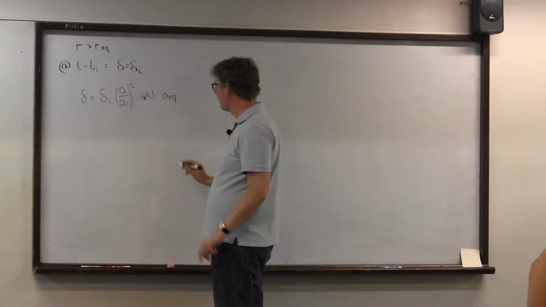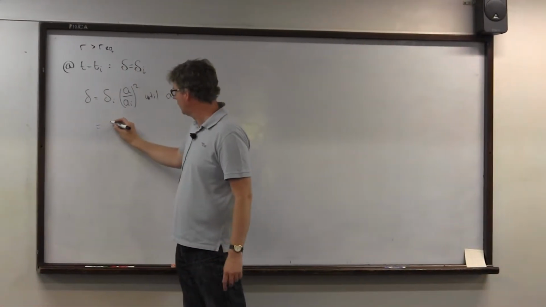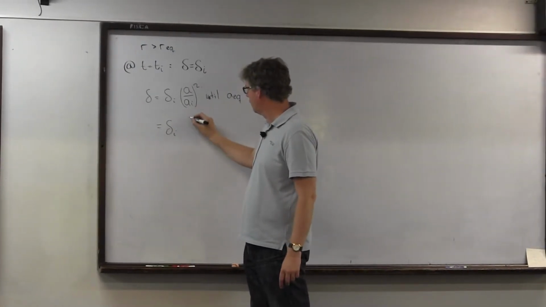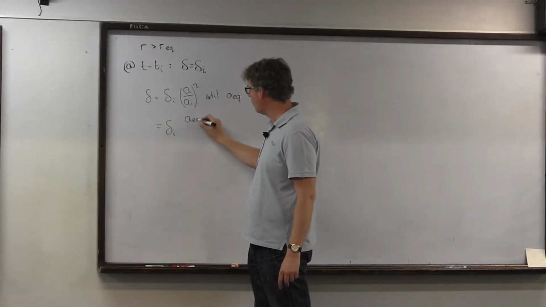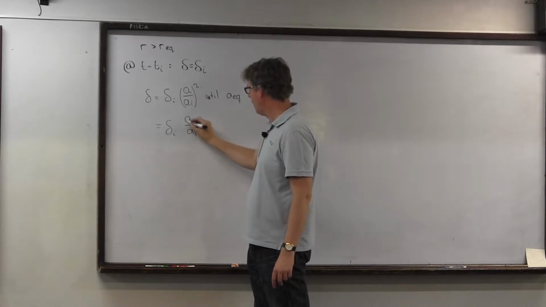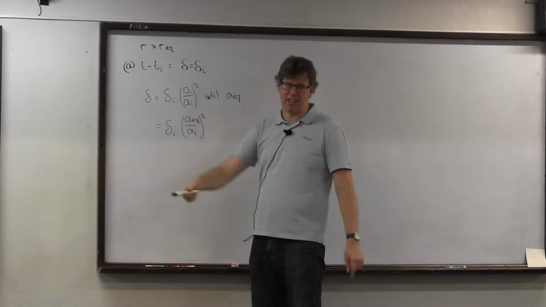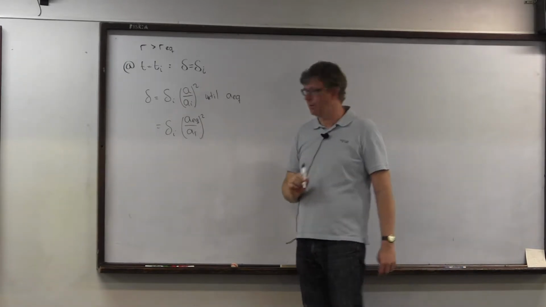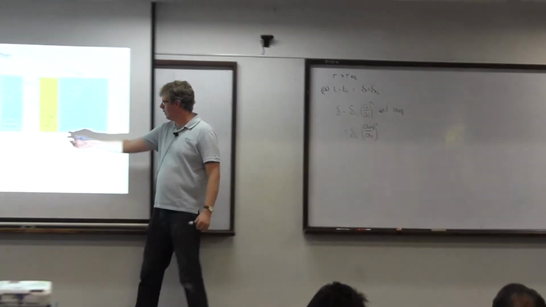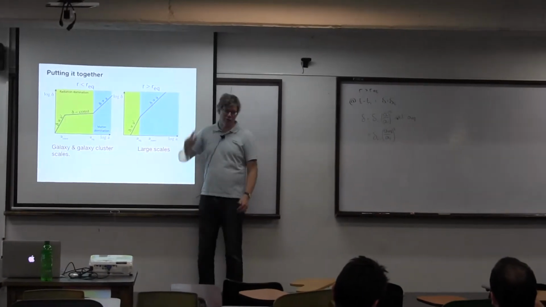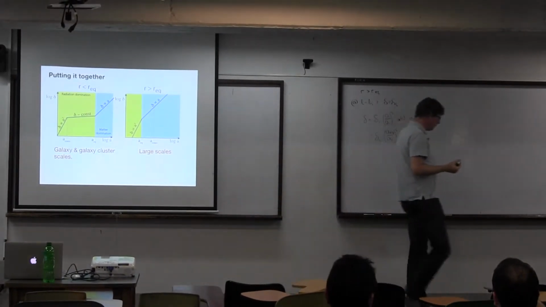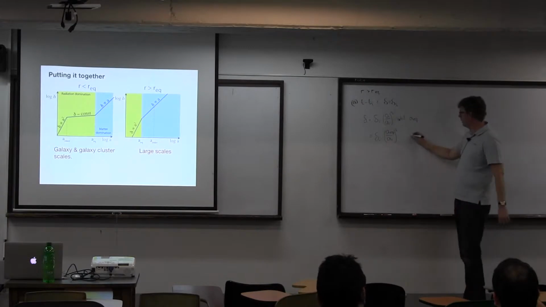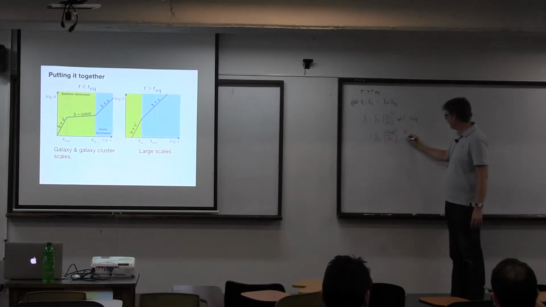So then we can do that. In that case, this is delta I, A equality, A I, because I really care about what's happening today. So I'll go through this point. I've done all of this until here. And now I have to change the slope, and then it just scales as A over A equality.